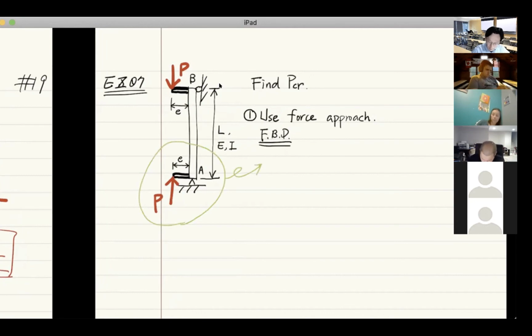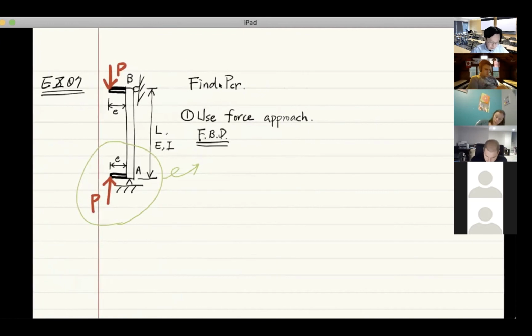For the free body diagram, like this. And this is how it looks. After the deformation, the column is going to bend, something like this, while the hinge is still here.